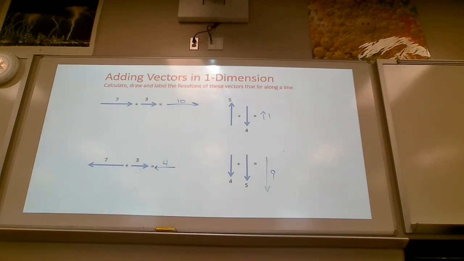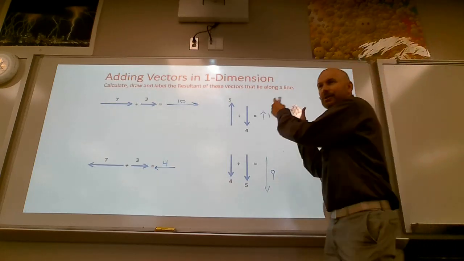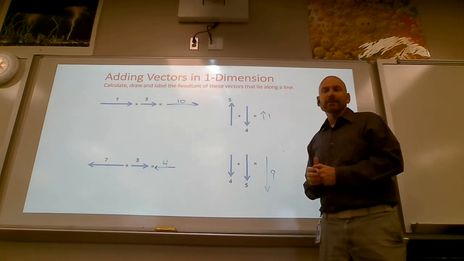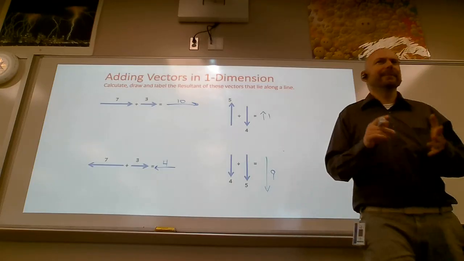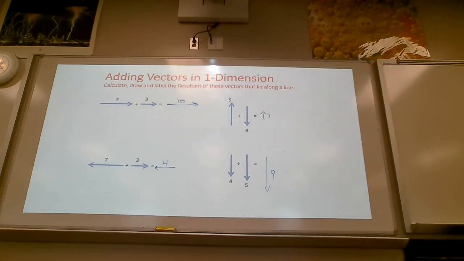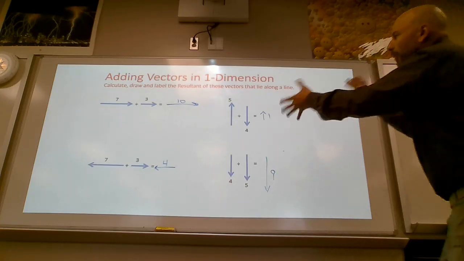Okay, so this is one-dimensional vectors. When we get to two-dimensional, what we're going to try to do is break it down to this stage here. Take a two-dimensional vector. I'm foreshadowing. I'm giving you stuff that you don't really have a context for, but we're trying to get to this point here.